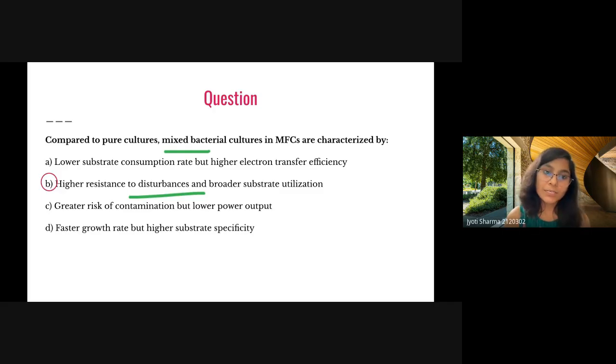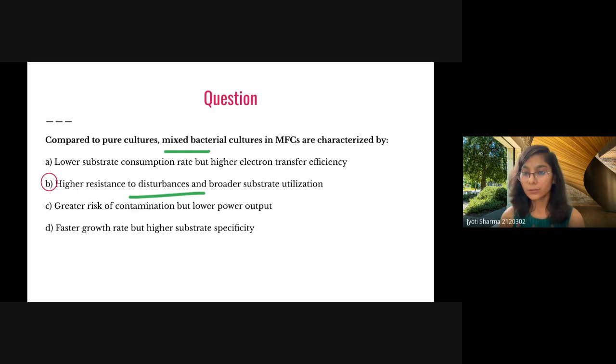The question is least likely, so it should not be the correct one that will directly influence the microbial fuel cell. So first you have to list out the different factors that would influence the microbial fuel cell, and then which one would not influence the microbial fuel cell.